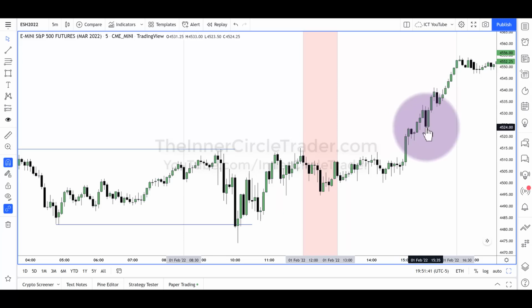Small little retracement here, small little retracement here, and then immediate run right into the close. Now, obviously, the market trades a little bit beyond that, but this time of day, expect whatever algorithms you would expect to be driving price and price runs to pretty much cap the majority of the volume that's going to be in that day.